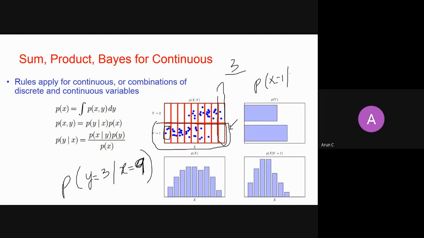Then I said y equals 3. Oh, sorry, there is no 3. My question is wrong actually. So y equals 1. You got my question, right? So this is y equals 1. So now you need to just focus on this point, y equals 1. So it is 0, right?